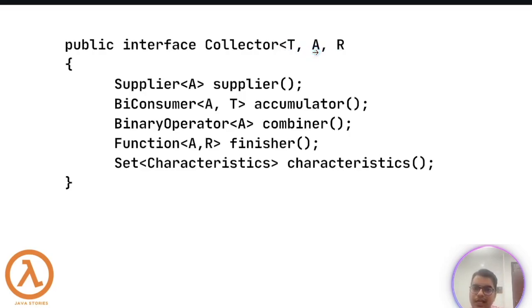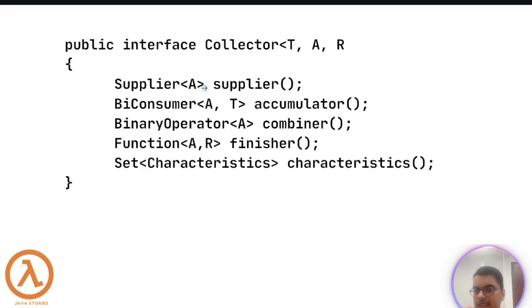Sometimes this is very internal to the collector API, and we don't have to deal with A most of the time. R is what we are going to return, of course the result of this finisher. You can clearly see R is the returning type and A is basically the supplier's type.